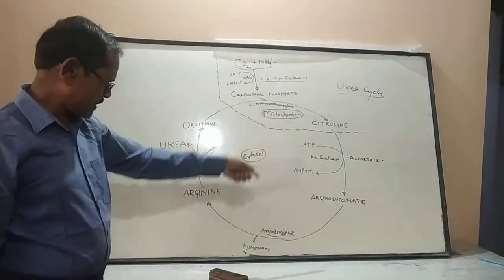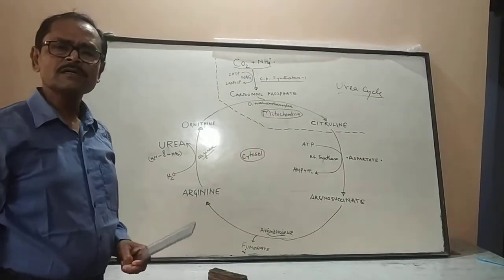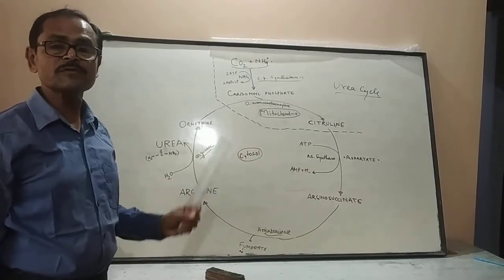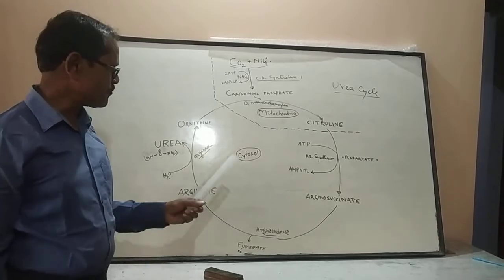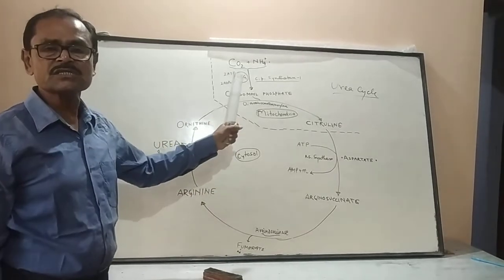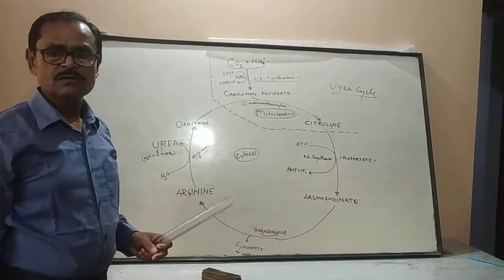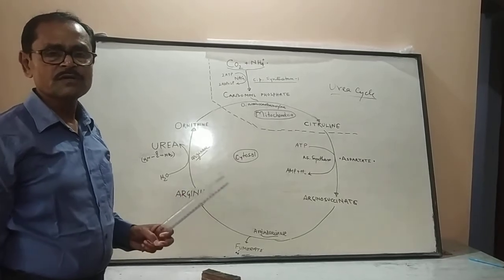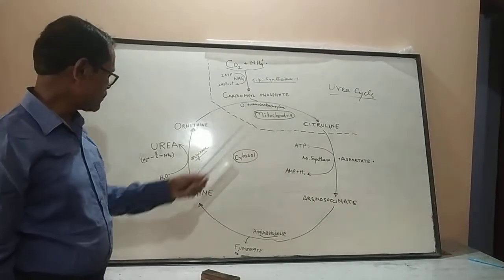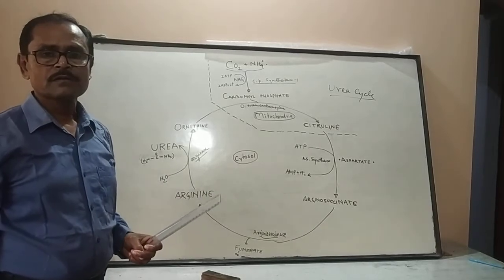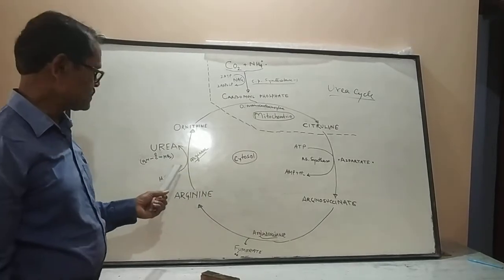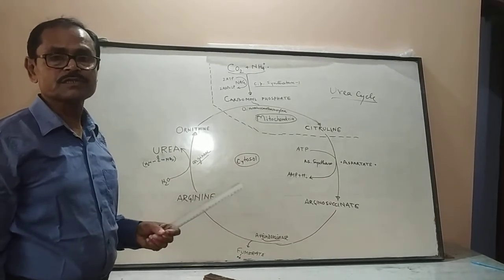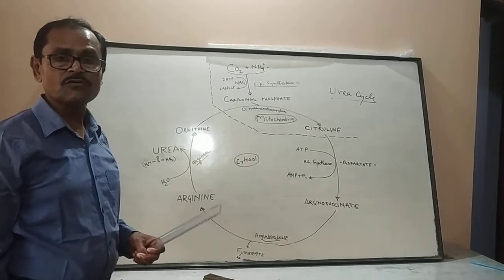So this is the overall process of urea, and the synthesis of urea is very important because it is a nitrogen waste product that has to be removed from our body. The initial step is the amino acid, which has an amino group. The nitrogen of this amino group, when detached from the amino acid, converts into urea. That should be eliminated from the body, otherwise the metabolic processes going on inside the body will all be toxic.